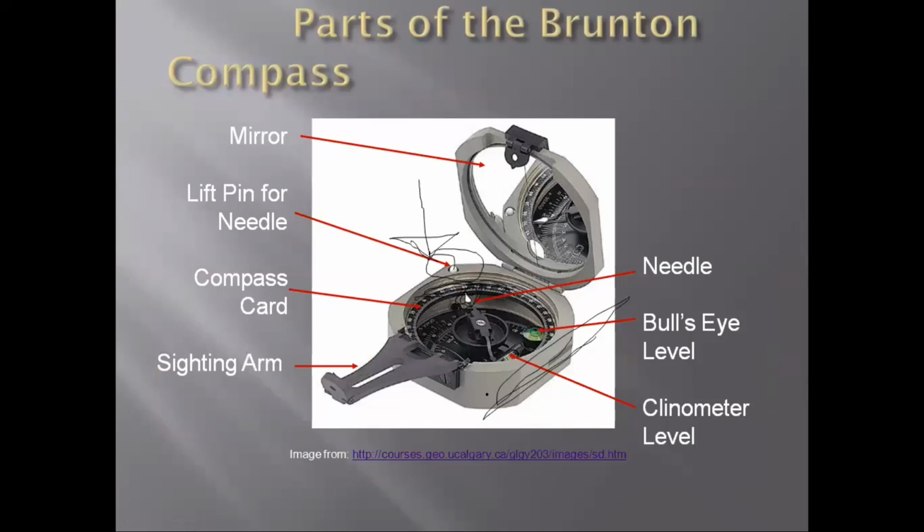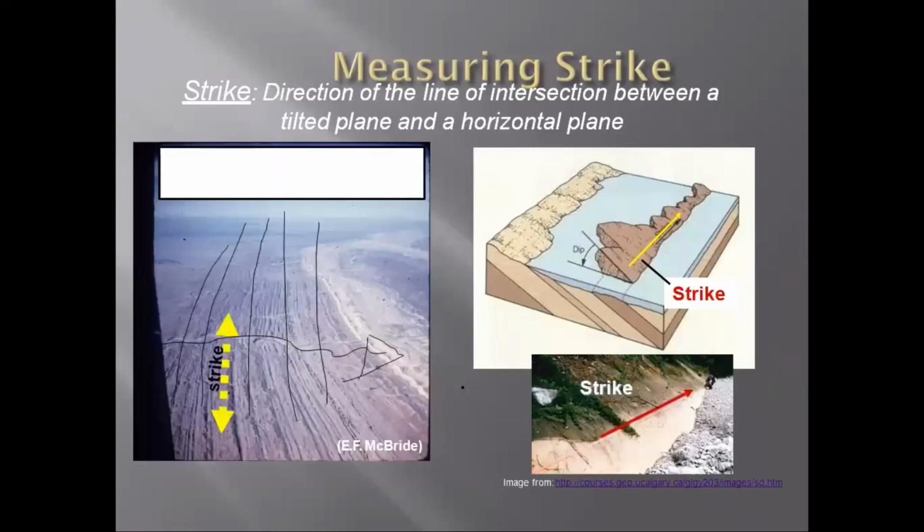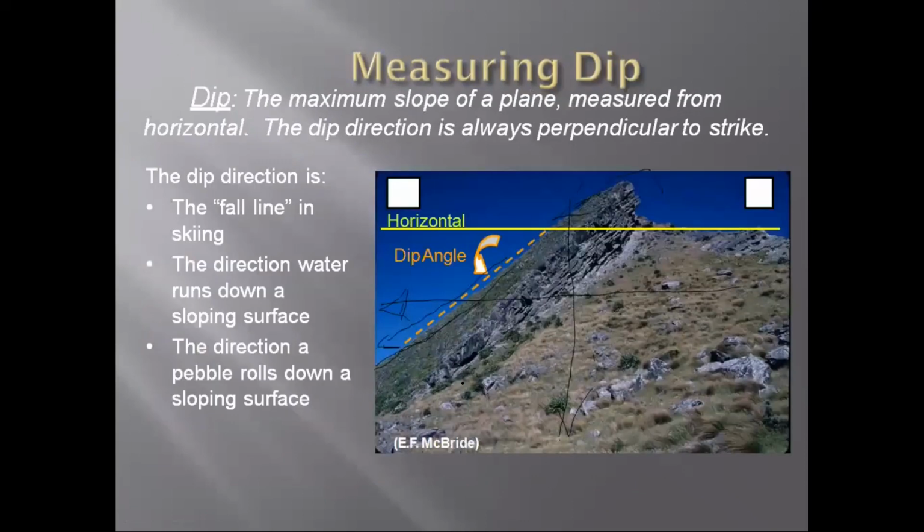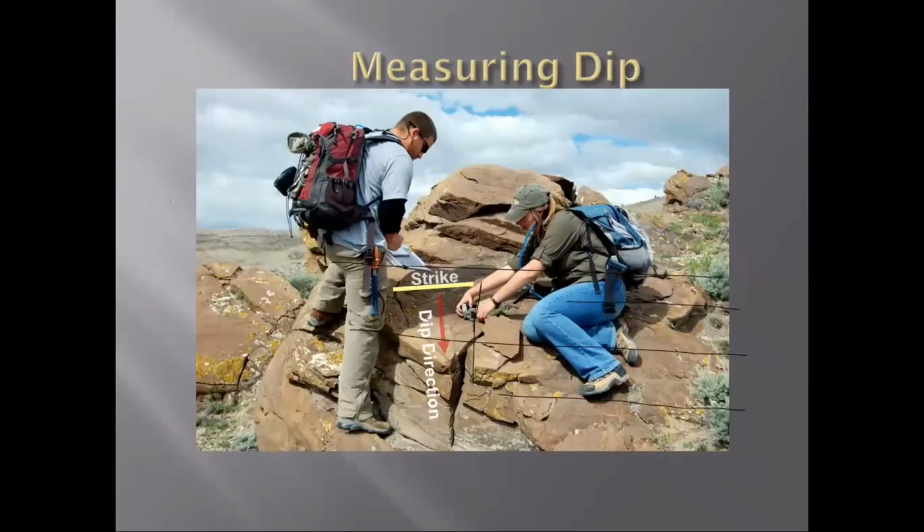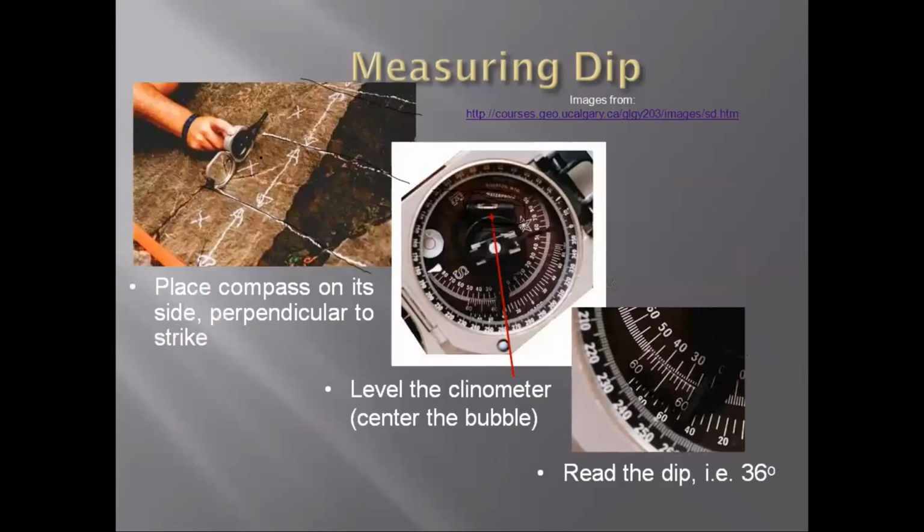But behind this base that you can see, there is some dial, like behind a clock there is a dial. You turn that dial, which we normally move when we are collecting the data for the dip, and then we see that we move it until the bubble in the capsule becomes centered between two lines.